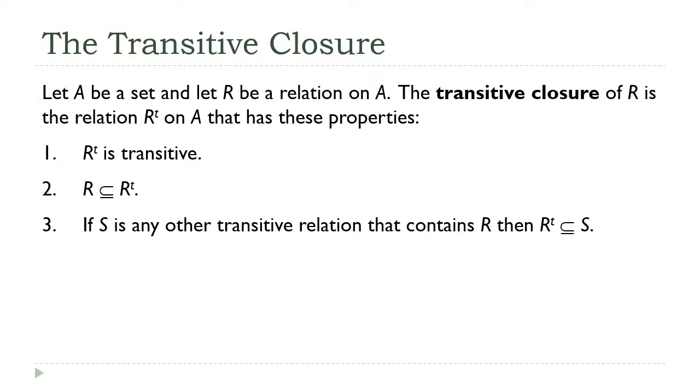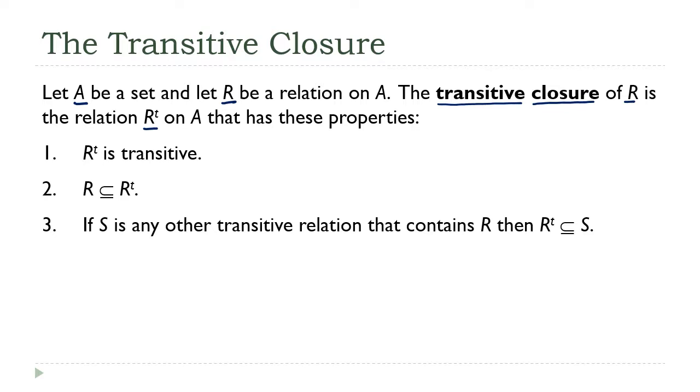We're going to start with the original set and the original relation. And we're going to build this thing called the transitive closure of the original relation. The way we're going to symbolize that is with an R, again, because it's kind of making the connection back to the original relation, and we're going to put that superscript T.